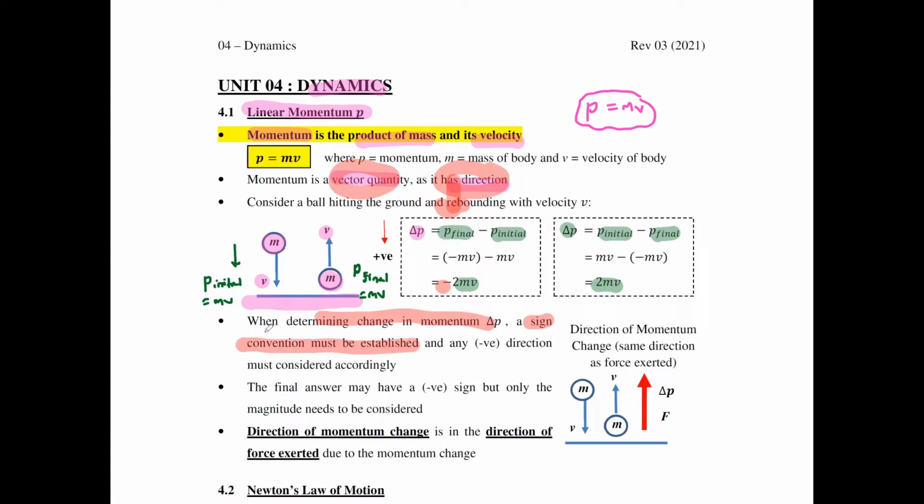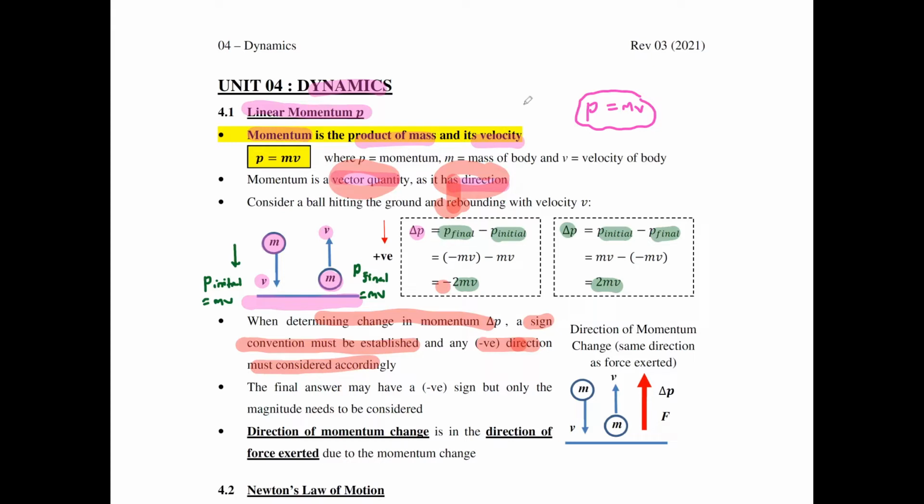Recall that in the last few chapters I mentioned to you, when you're dealing with calculations on vectors, you normally need to establish a sign convention where you assume a positive direction. So it's the same case here. When finding changes in momentum, you need to have an idea of which direction is positive and which direction is negative, so that later on you can consider any negative direction that is present.